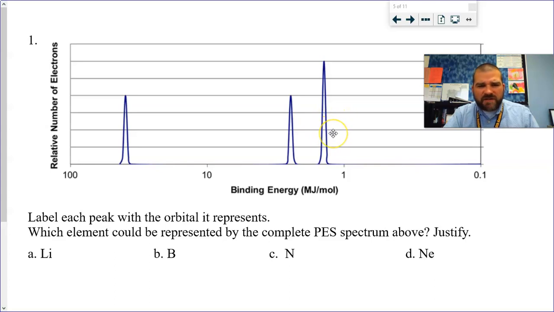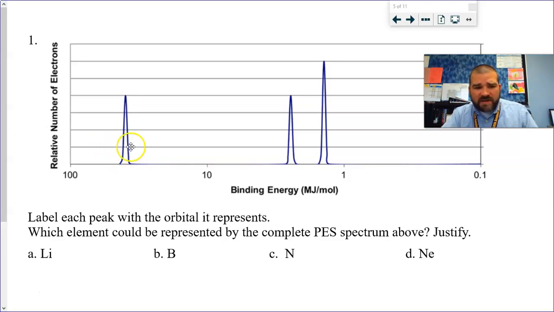But now the question is, how many electrons are in each of those, right? So the height of the peak represents the total number of electrons. We know that an s orbital is a set of 1, and each orbital can only hold 2 electrons, right? So this height must represent 2. Now, the graph is showing like 4 bars, but those bars are irrelevant.